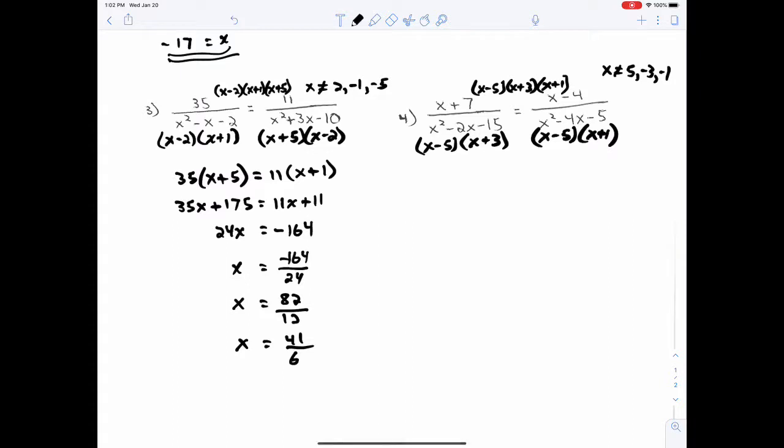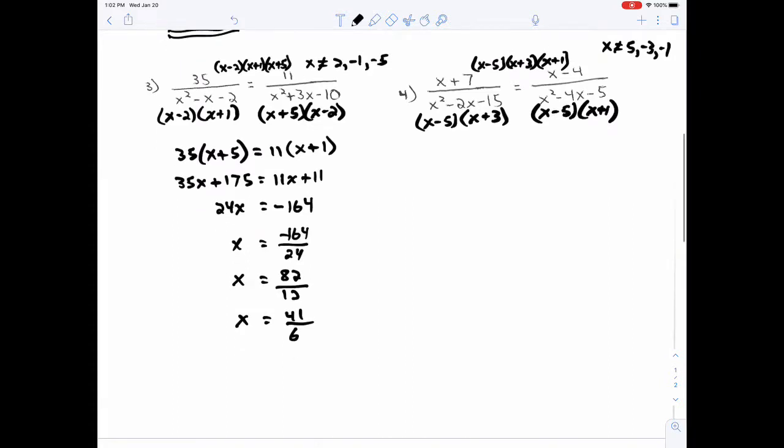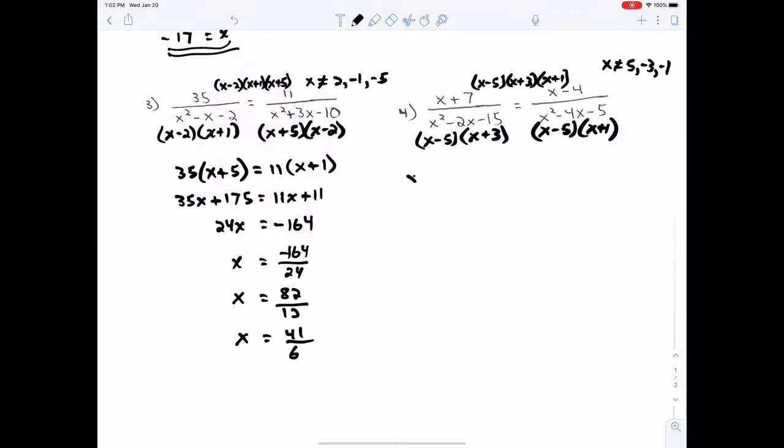Okay, so on the left-hand side, the x minus 5's cancel, the x plus 3's cancel, so you end up with the original x plus 7 times the remaining x plus 1. Okay, on the right-hand side, you have the x minus 4, and now the x minus 5's cancel, the x plus 1's cancel, so you have the x plus 3 left over. And now we'll multiply this out.